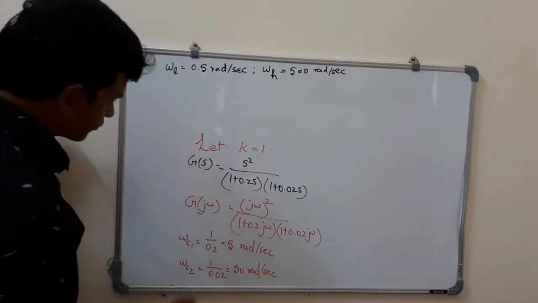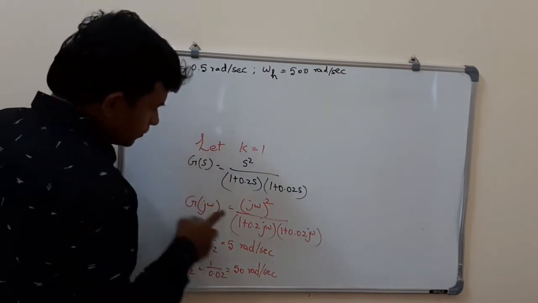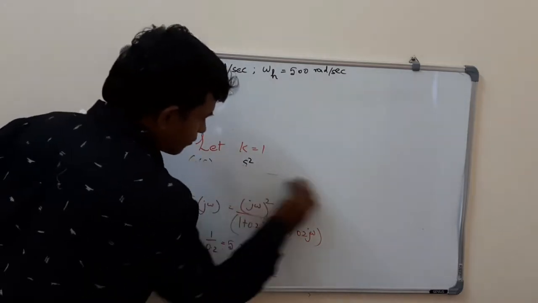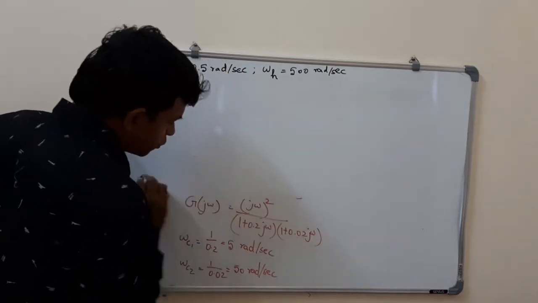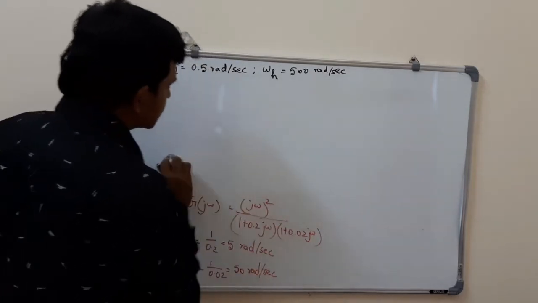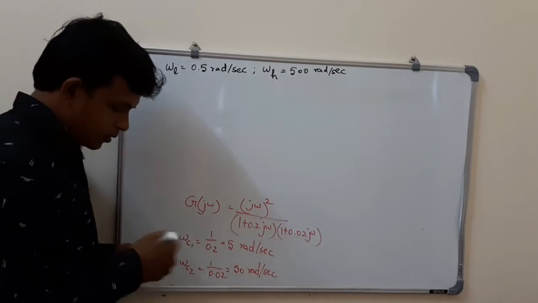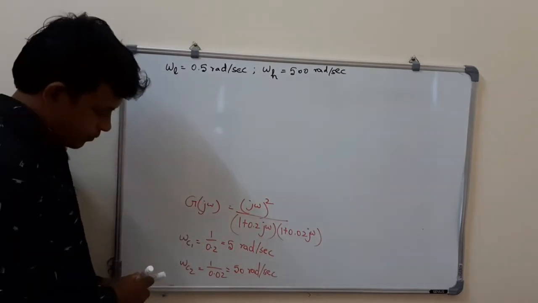Now here we have the derivative factor and two first order factors in the denominator. Let us write what slopes they provide.